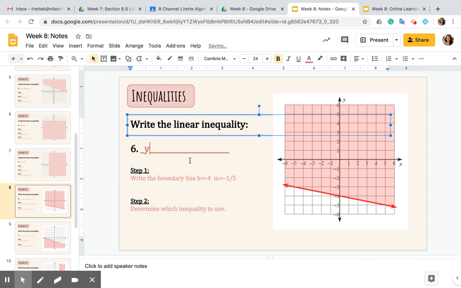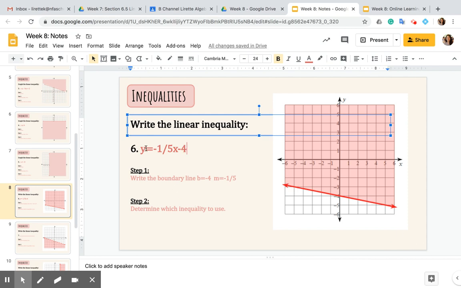So once I have that, I can just put it together in the form mx plus b. Let me just erase all this. So instead of m, it's going to be -1/5. And instead of b, it's going to be -4. So that would be the equation version of this line, right?